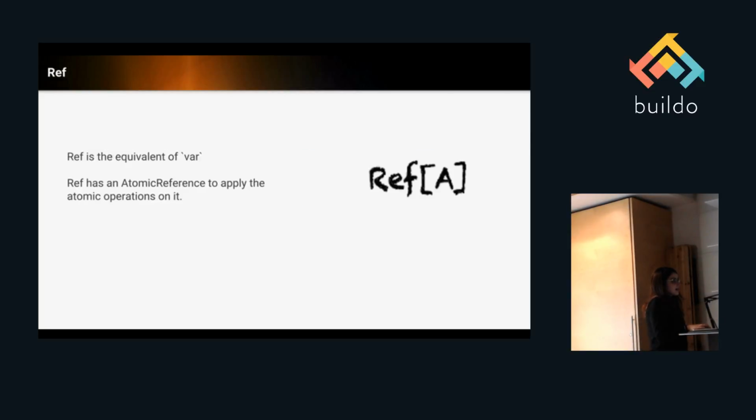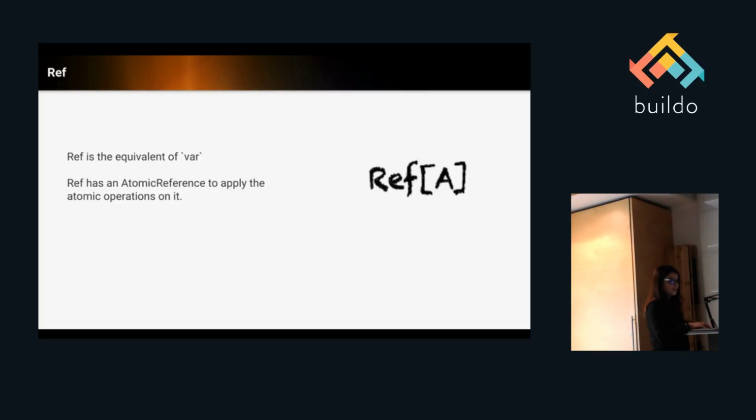And here is another data structure built on ZIO, which is called Ref. Ref has a value of type atomic reference, which is like a var that we can update or modify atomically, which means if we have concurrent state, we can use Ref, and we can avoid, what is it called?